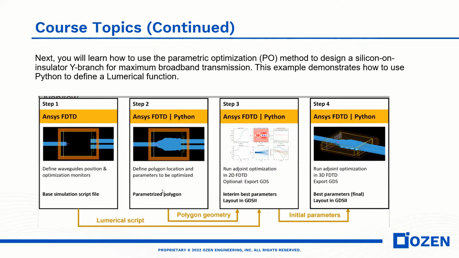Then we parameterize our structure, as you see here. Then we will use Python and ANSYS Lumerical FDTD. And finally, you can run the optimization, 3D FDTD, Y branch, and you can export the GDS file and use the GDS file in other softwares.